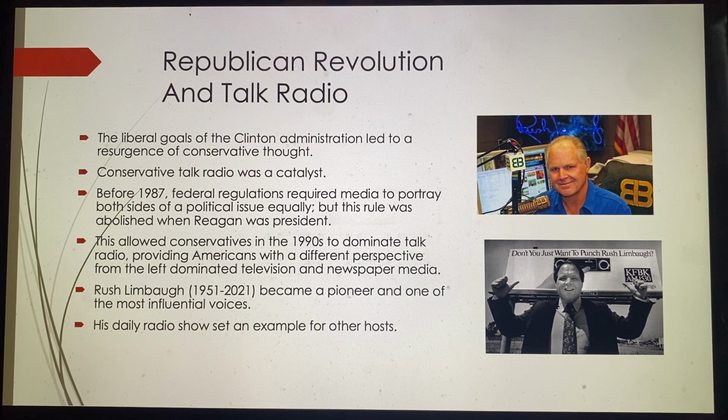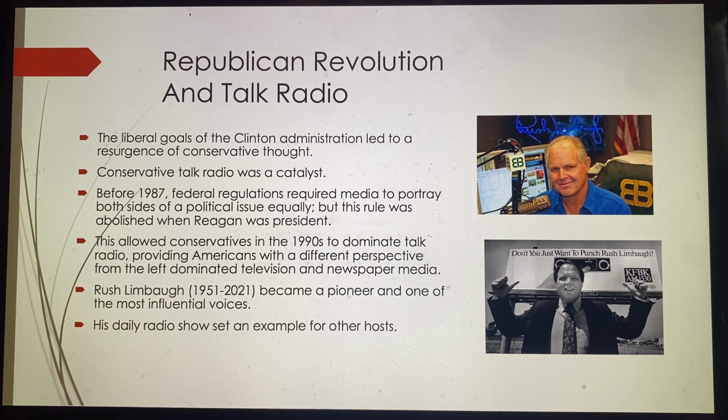So if you had a talk radio show, you could say what you wanted to say. This allowed conservatives in the 1990s to dominate talk radio, providing Americans with a different perspective from the left-dominated television and newspaper media.